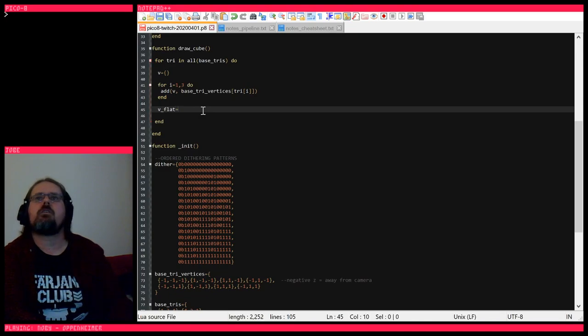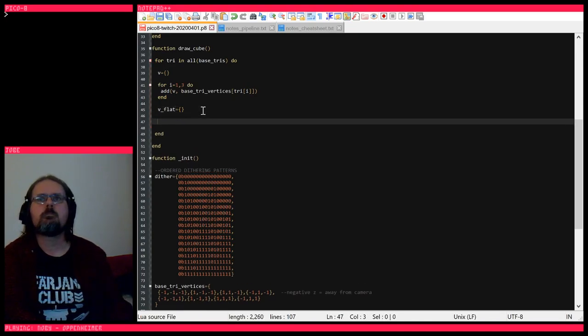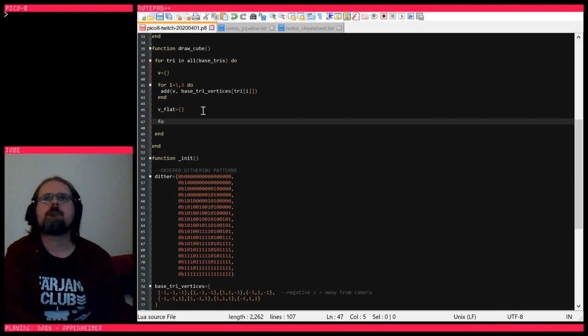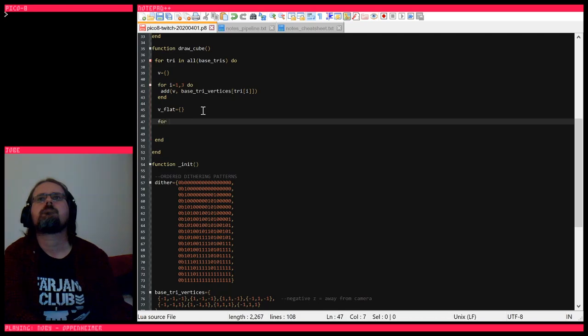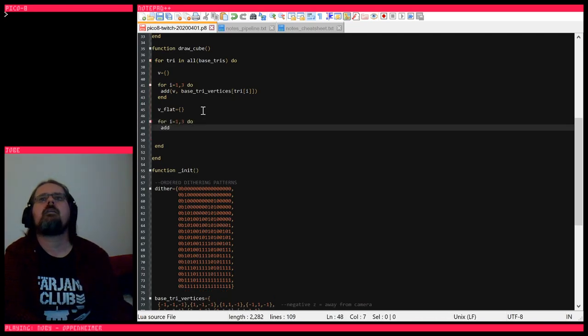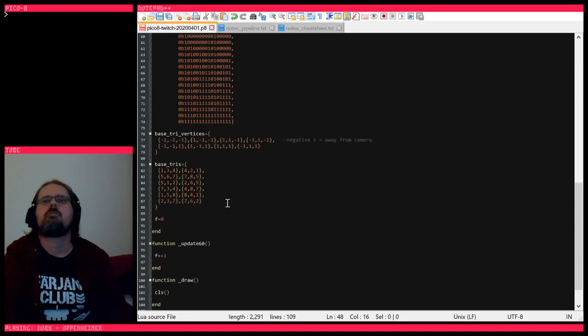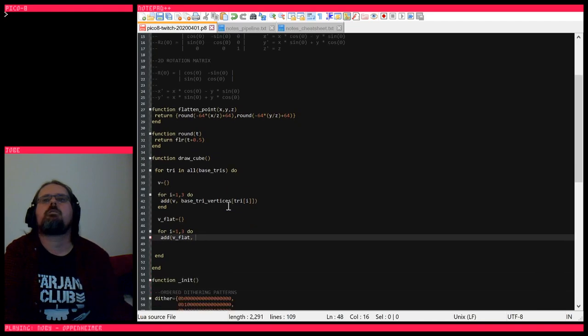Then we're gonna flatten all the points. And we have an array called vFlat where we add our flattened points, and I'm just gonna have to see what the syntax for my flattened point function was.